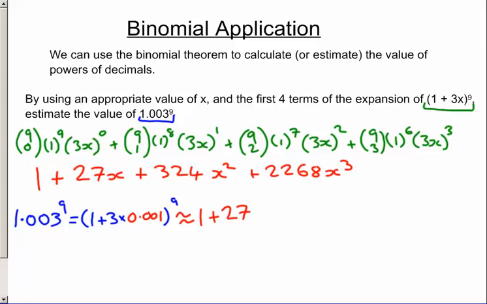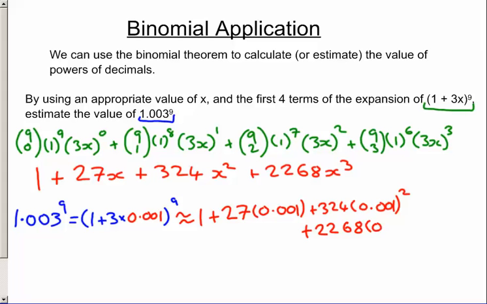plus 324 times 0.001 squared plus 2268 times 0.001 cubed.